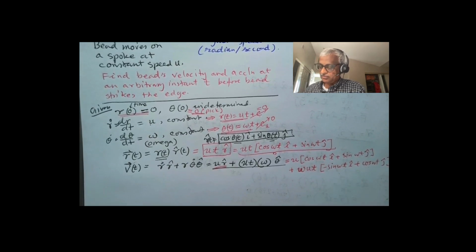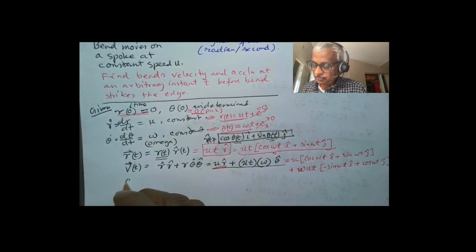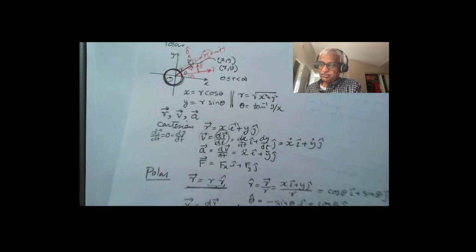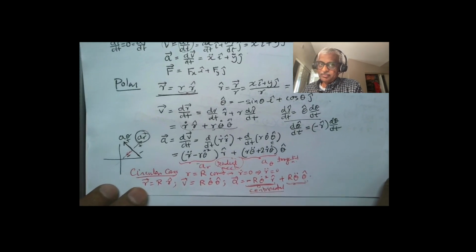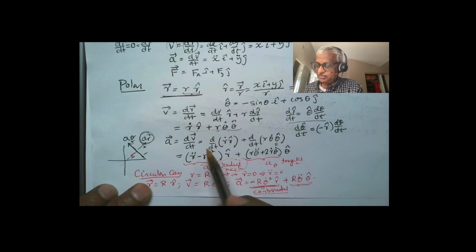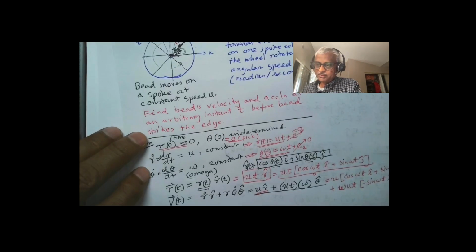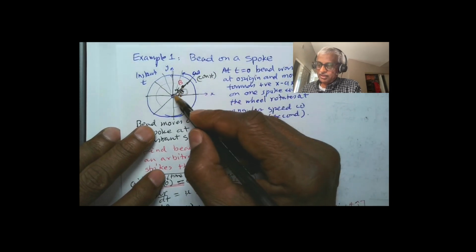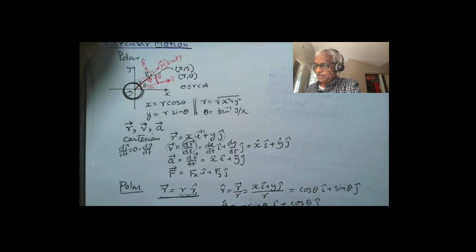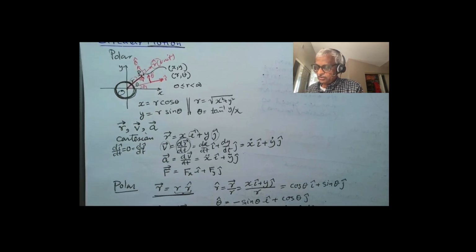How about acceleration? We don't have the circular case, we have the general case, because the radius is changing in this problem. R is not constant, r dot is not 0.